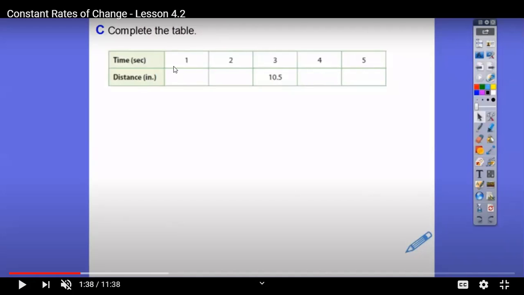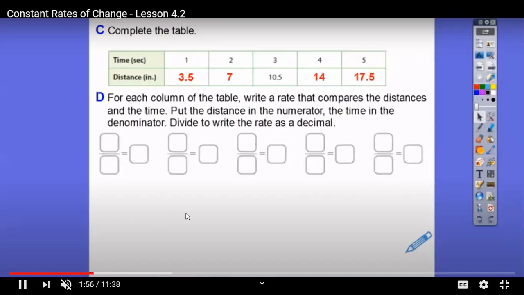Then in 1 second, how many inches does the tortoise move? The tortoise moves 3.5 inches in 1 second, and then 7, and then 10.5. If I want to find 4, it will be 4 times 3.5. If I want to find 5, it will be 5 times 3.5, and so on.